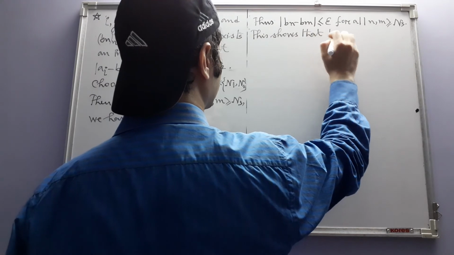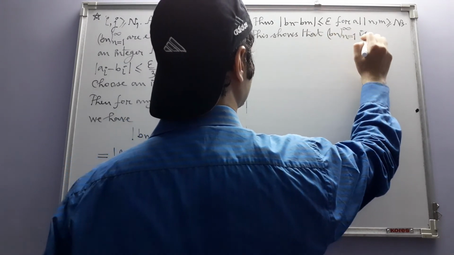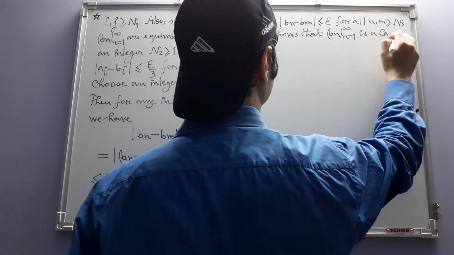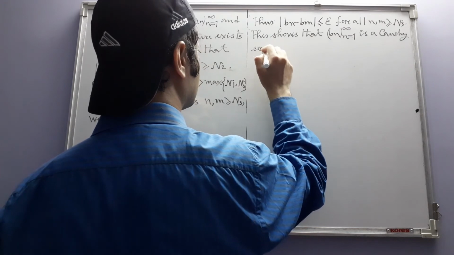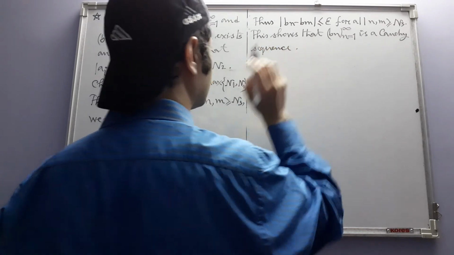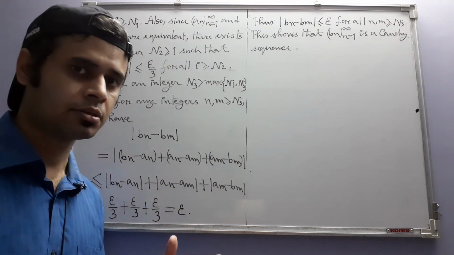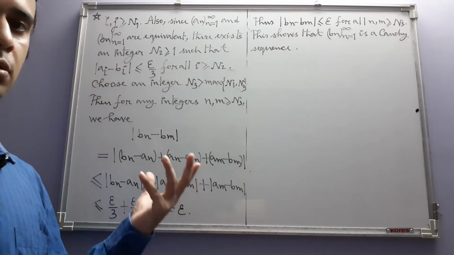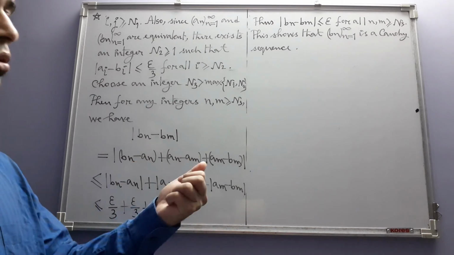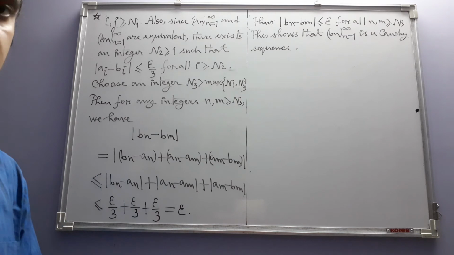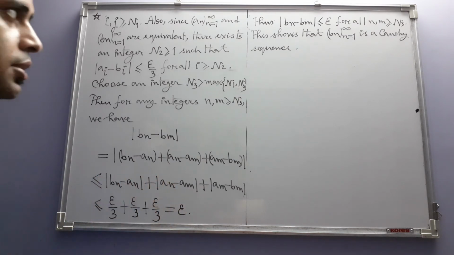This shows that bn is a Cauchy sequence. So Cauchiness of the first sequence and equivalence of the first and the second sequence force us to conclude that the second sequence is also a Cauchy sequence. That is the content of this exercise.